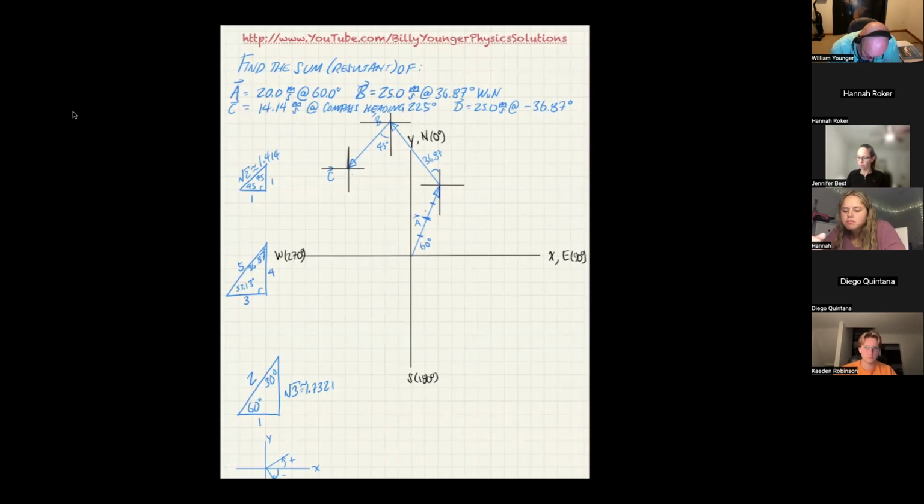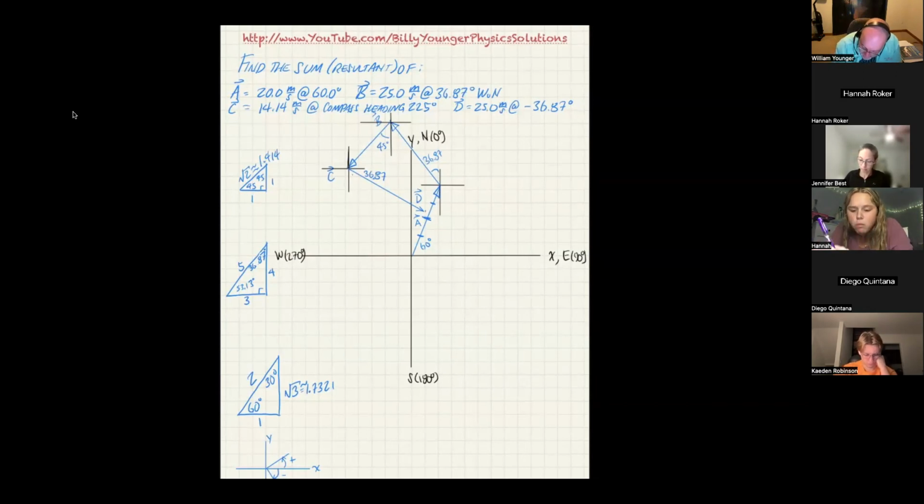And of course, I'm going to forget to make it neat, so that happened. Okay. And that, in fact, is vector D. Okay. And this angle right here is 36.87 degrees. So everybody follow what we did there?